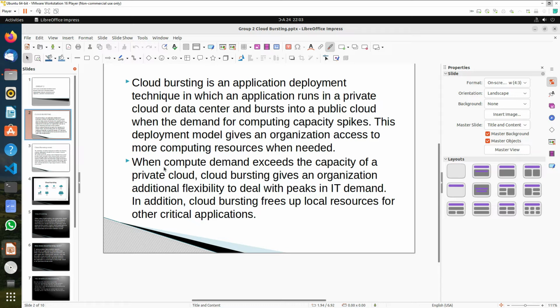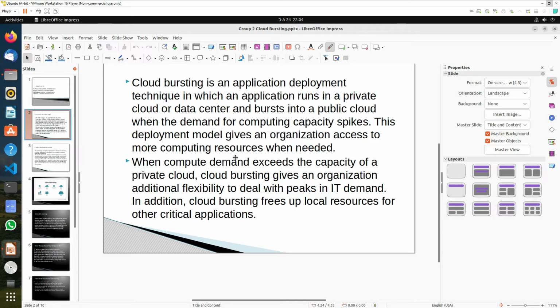So it's like you have passed out of the private cloud into the public cloud because the demand is too much and you have to scale up. And then the public cloud is huge. So if you go there, you have access to enough resources. You don't have to think about slowing down and other things. So that's basically what cloud busting is about.